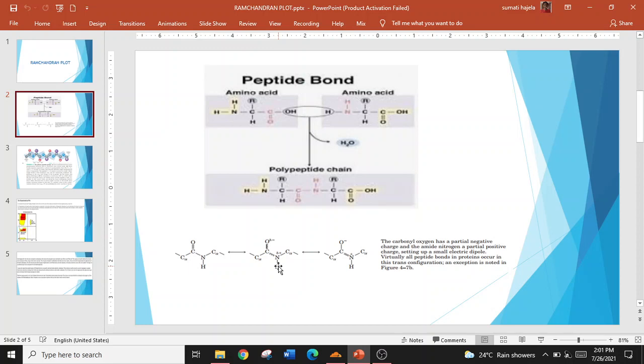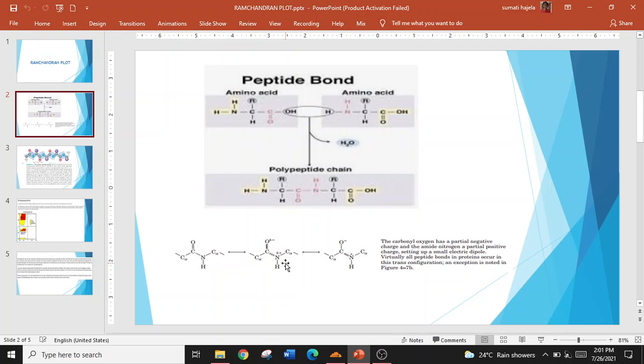This indicated a resonance, or partial sharing of two pairs of electrons, between the carbonyl oxygen and amide nitrogen. Carbonyl oxygen is here, amide nitrogen is here, and electrons are being shared from here to here. That is why this is carrying a partial negative charge and this is carrying a partial positive charge.